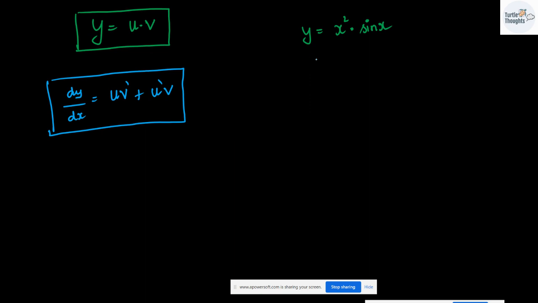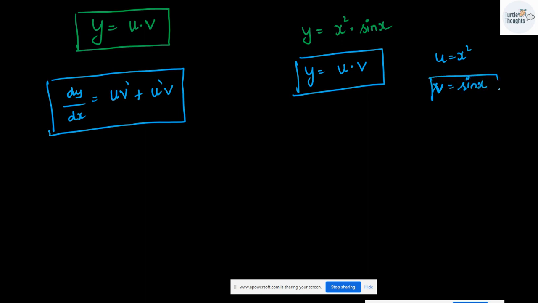Now I can write y is equal to u multiplied by v, because my question is in the form of two functions multiplied to each other. So I can take one function as u, another function as v. u is going to be equal to x squared, v is going to be equal to sine x.